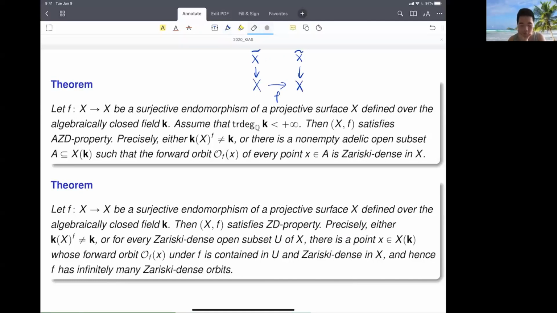In that case, we cannot lift this F to a morphism. No, you can. No, you can. We only have a birational map.